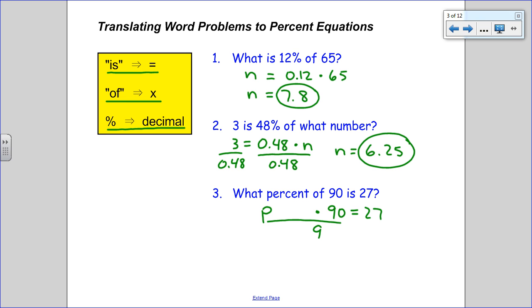To solve for p, we'll divide by 90 on both sides. We obtain p equals 0.3. However, we were asked to find a percent, so we need to convert that decimal number, 0.3, into a percent by moving the decimal point 2 places to the right. So the answer is 30%.